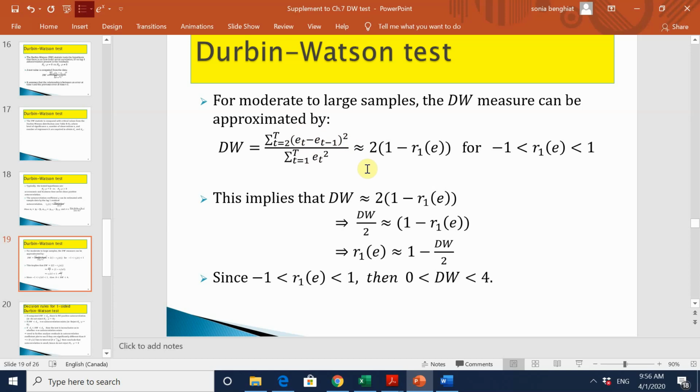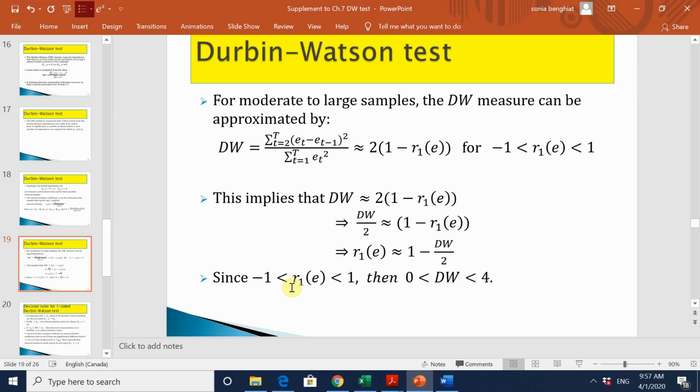To elaborate on this, we can play with this relationship to come up with the following: the Durbin-Watson statistic divided by 2 is approximately equal to 1 minus the correlation coefficient for the sample. And if that is the case, we can equate the correlation coefficient to 1 minus the Durbin-Watson statistic divided by 2.